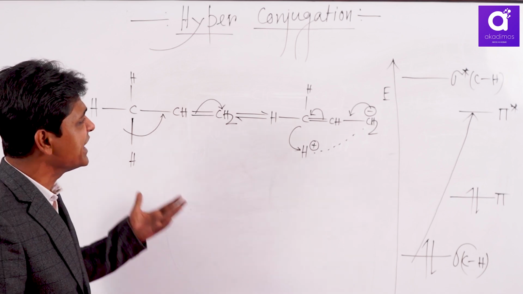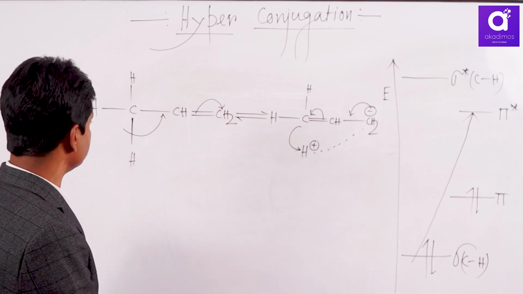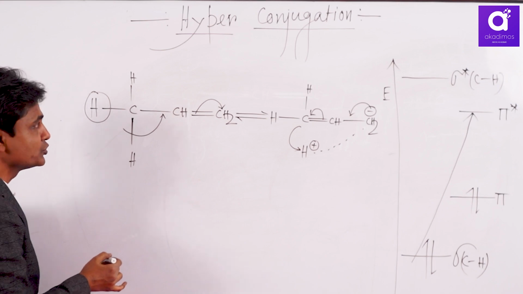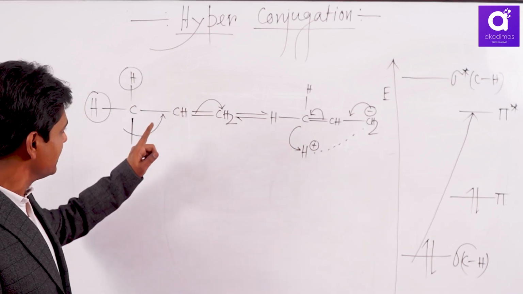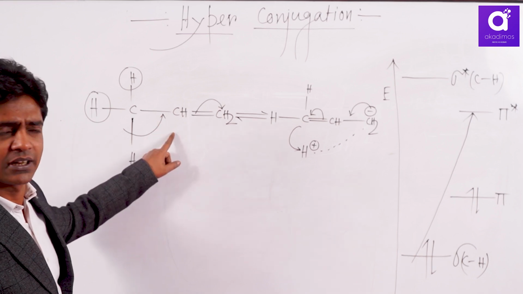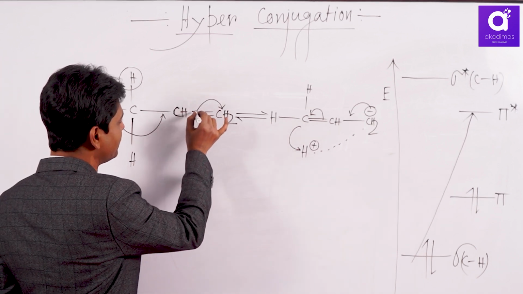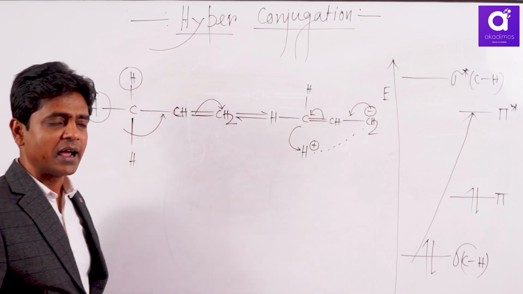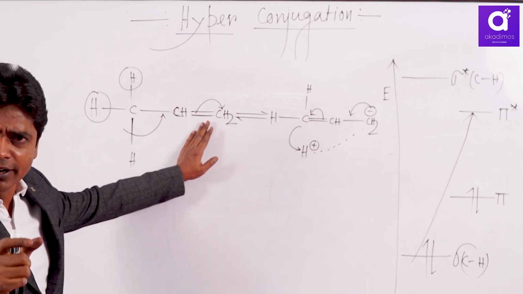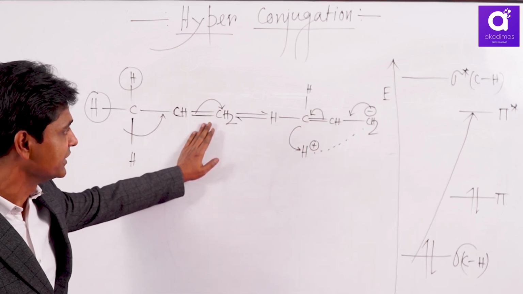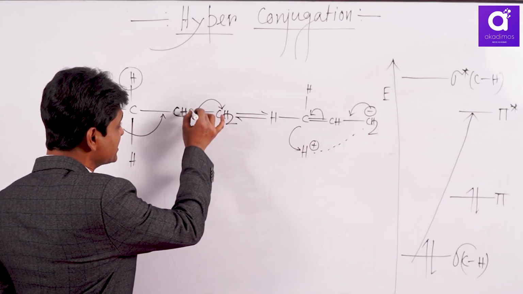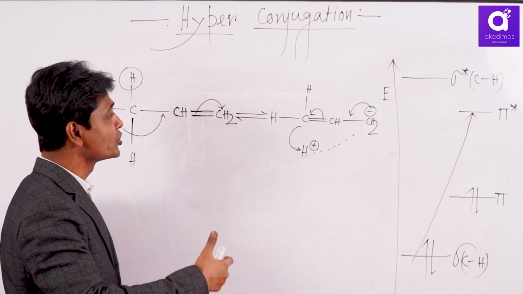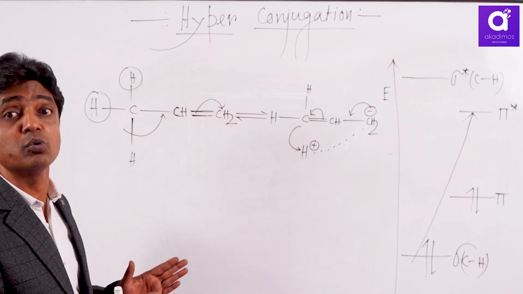Now, what idea did you get from this? Similarly, this hydrogen also will show hyperconjugation. This hydrogen also will show hyperconjugation. If I take this structure, then this is perfectly a double bond, and its length is equivalent to C double bond C. But if you do the experiment, what will you see? You will see its length is slightly more than C double bond C. Why?